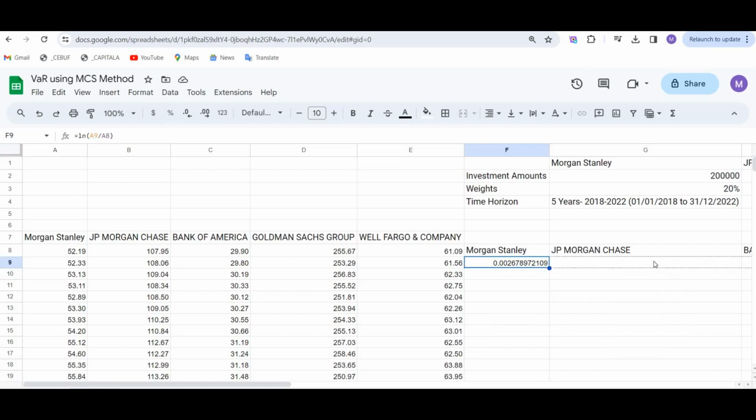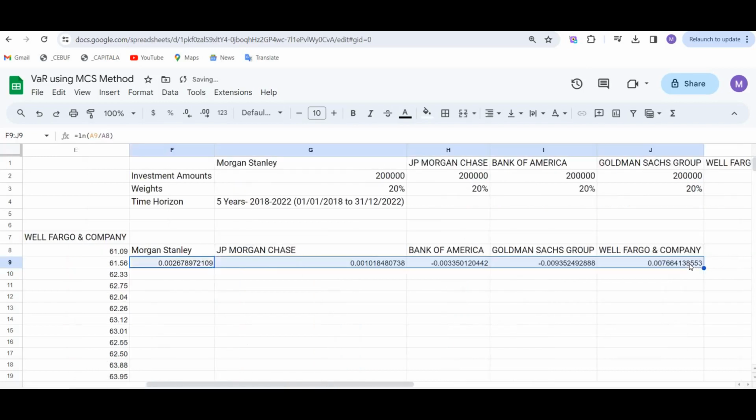First, we copy and paste it horizontally. Okay, we'll make it up to 5 decimal points. Then afterwards, we copy and paste it vertically.